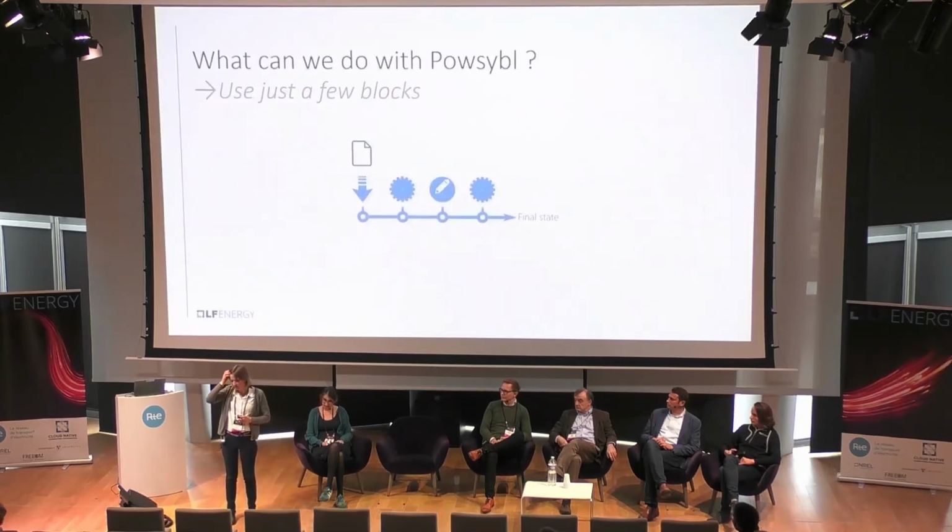So what can we do with PowSyBl? It's a short example. You can use just a few blocks, and it's quite a simple workflow. You can upload a file, for example, a CGMES or a UCTE file. You can run a load flow, which means that you compute the flows on the network.